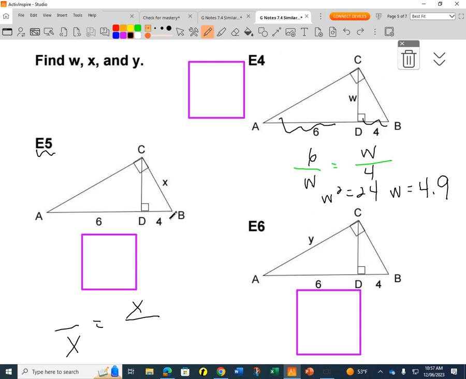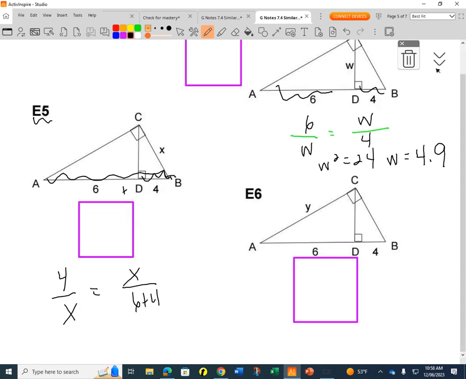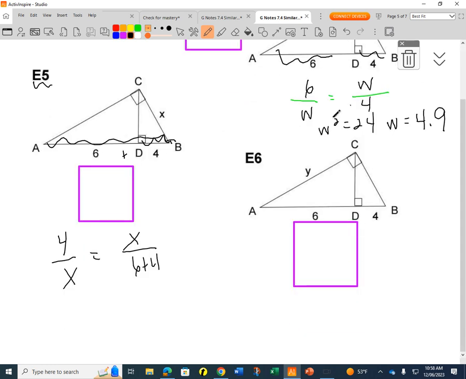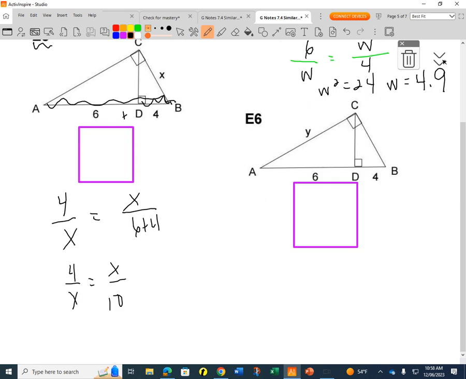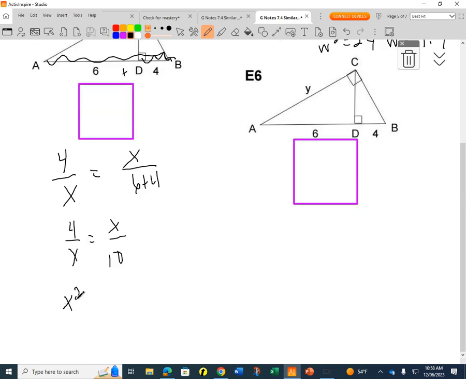So here, X touches DB, which has a length of 4, and we use the length of the hypotenuse, which is 10. So now our proportion simplifies to 4 over x equals x over 10. We're going to cross multiply, and x squared equals 40.